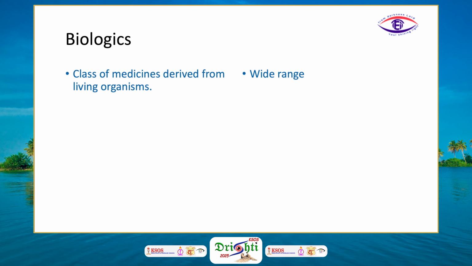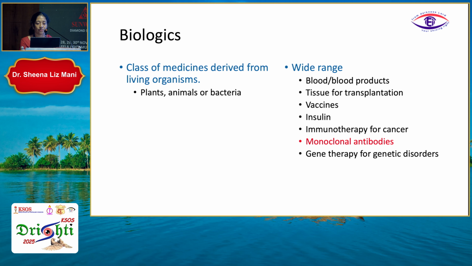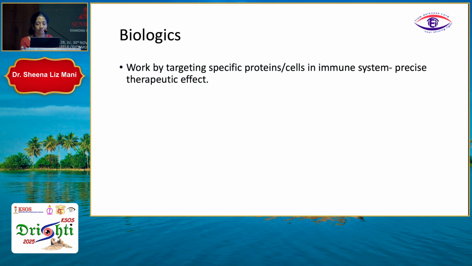So what are biologics? They are a class of medicines that are derived from living organisms. They can come from plants, animals, or bacteria, and they include a wide range, including blood products, tissue, vaccines, insulin, up to gene therapy for genetic disorders. In ophthalmology, monoclonal antibodies are the mainstay, or the most common drug that we use.